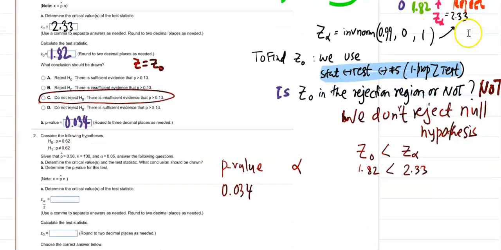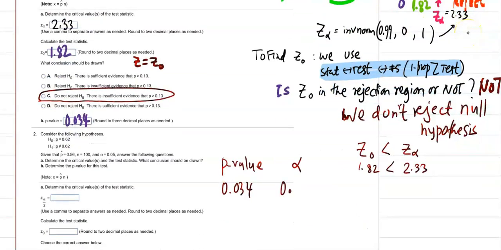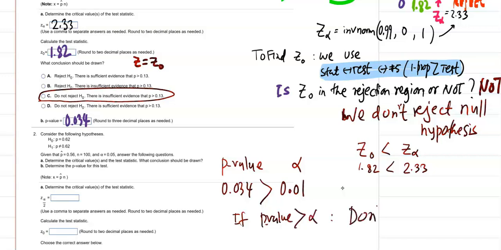Which is greater, the p-value or alpha? It looks like the p-value is greater than alpha. If the p-value is greater than alpha, the conclusion is do not reject the null hypothesis H0.